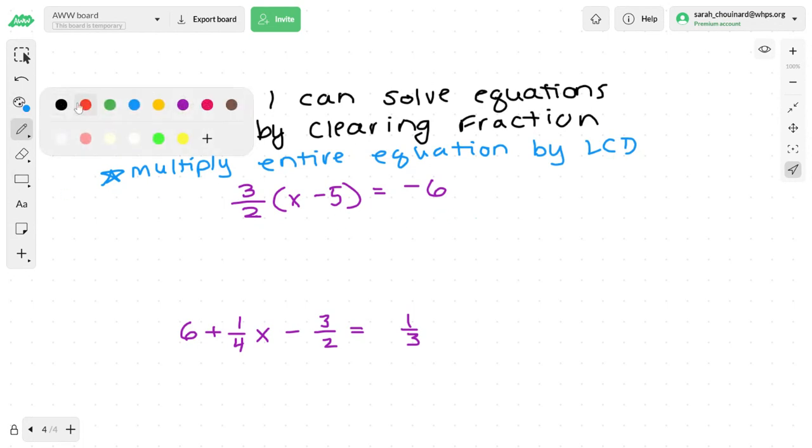So in this equation, the LCD is 2 because it's my only denominator. So I need to multiply the entire equation by 2. I don't multiply inside the parentheses because I technically already am doing that. 3 halves would distribute. So if I multiply 3 halves by 2, I am multiplying the inside of the parentheses by 2.